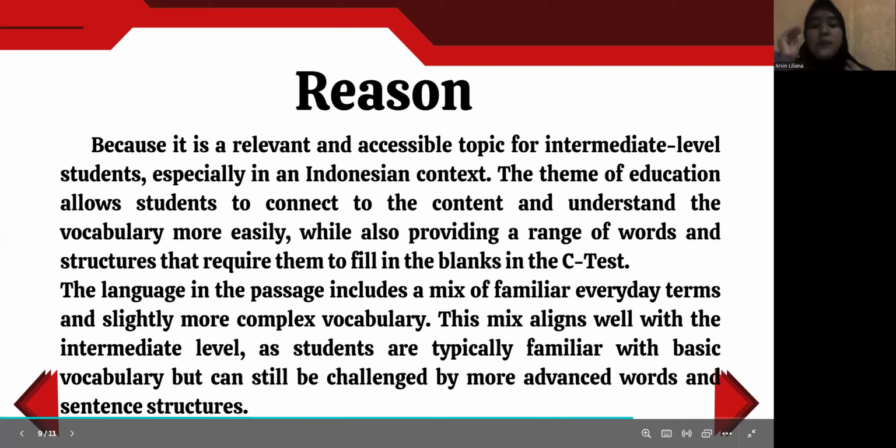The language in the passage includes a mix of familiar everyday terms and slightly more complex vocabulary. This aligns well with the intermediate level, as students are typically familiar with basic vocabulary but can still be challenged by more advanced words and sentence structure.